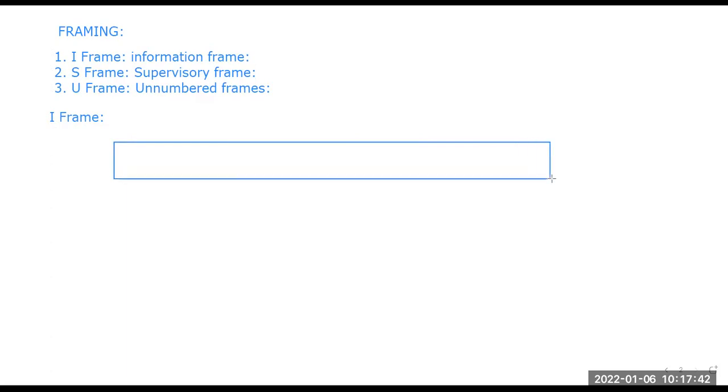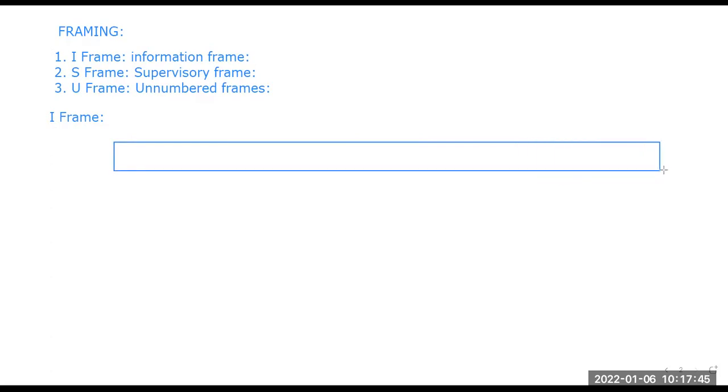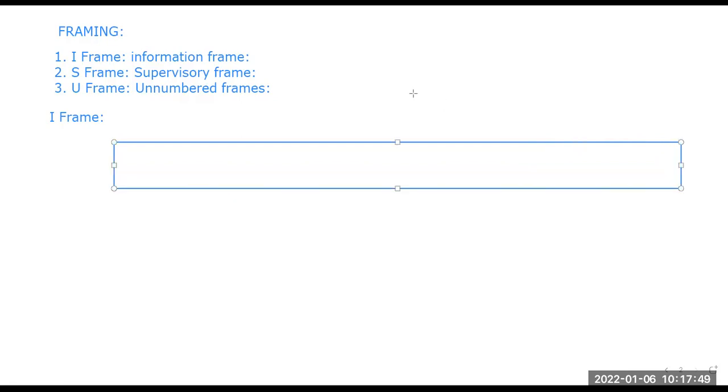Talking about the format of the I frame, first there is a flag, and at the end there is also a flag.